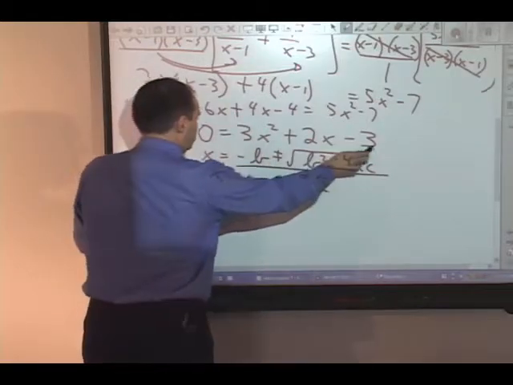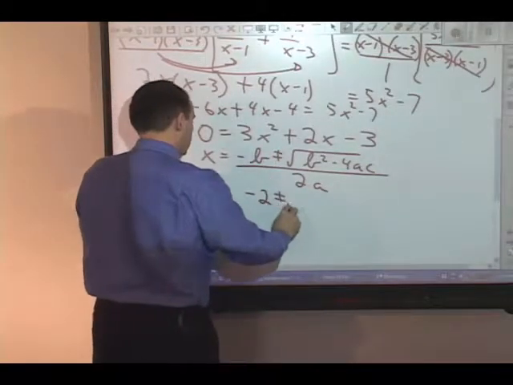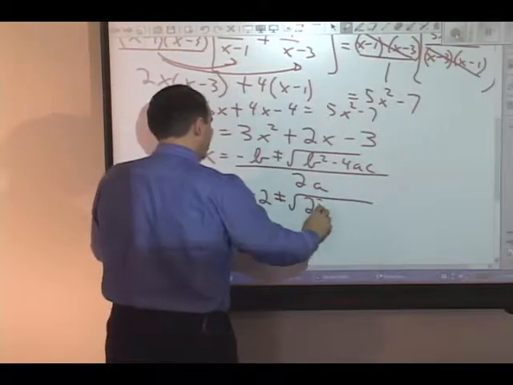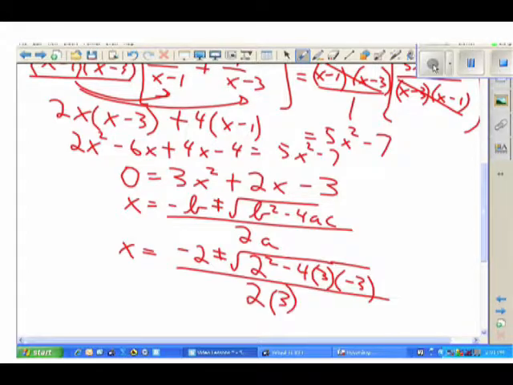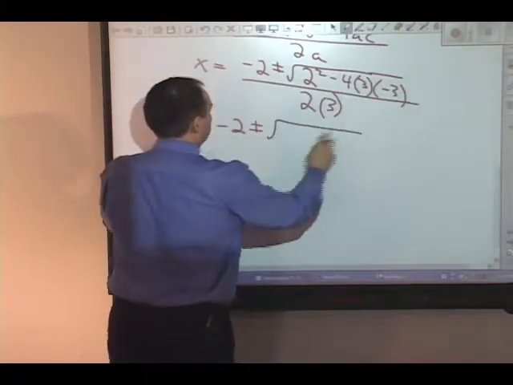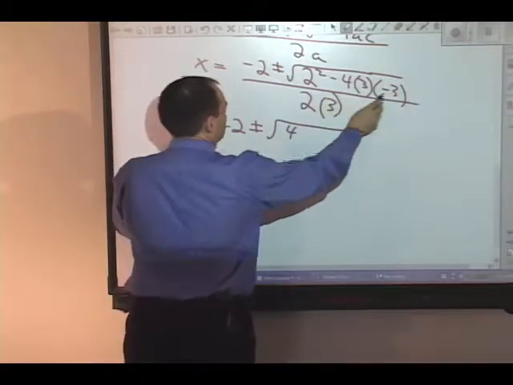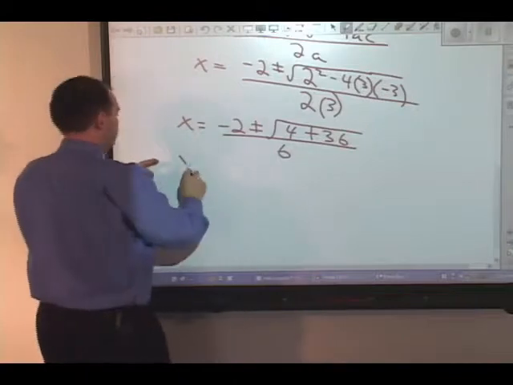A, B, and C. So negative b would be the opposite of b, plus or minus the square root of b squared minus 4ac, all divided by 2 times 3. So x is negative 2 plus or minus the square root of 4 plus 36, divided by 6.